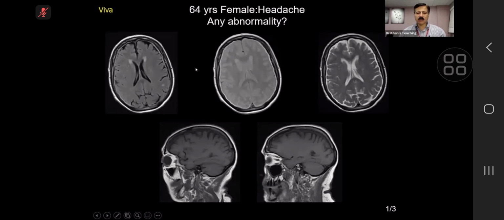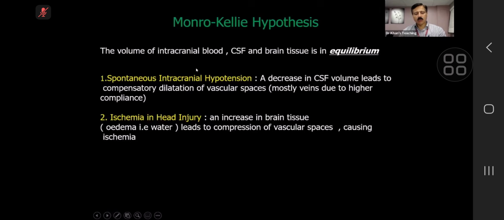Now, intracranial hypotension, which we call spontaneous intracranial hypotension, is an important case for the exam. If you see this slide here, you can take a picture of it: the Monro-Kellie hypothesis. This hypothesis has been asked quite a few times in the viva, often as indirect questions.